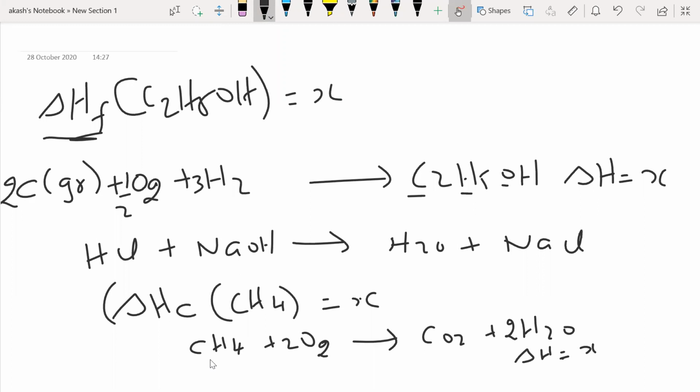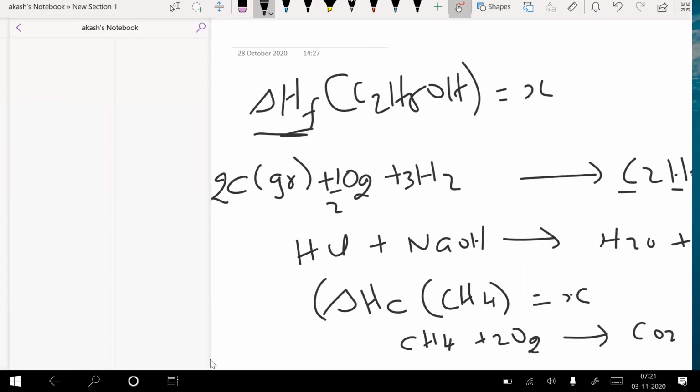So people, hope you got what I'm trying to say, right? This is what enthalpy of combustion is about. Let me give you one more example.